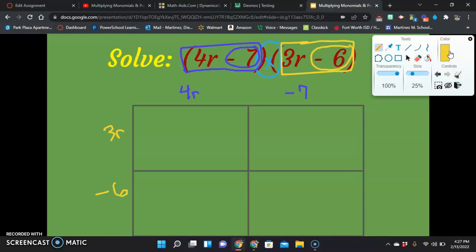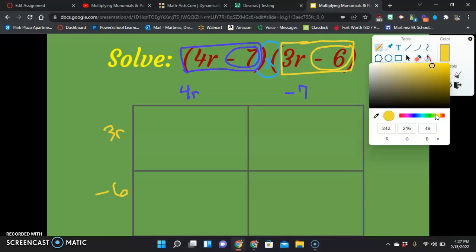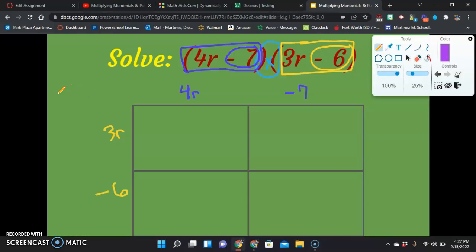So what I want you to write is, let me change colors quickly. First equation goes at the top. Sorry, I'm struggling a little bit. Goes at the top.